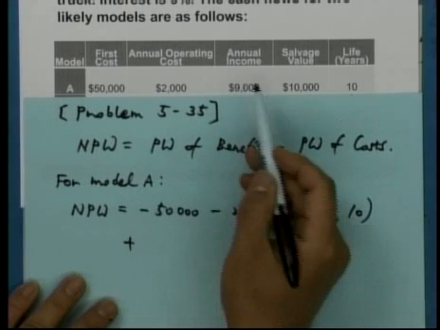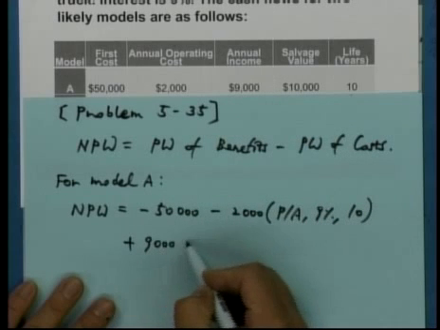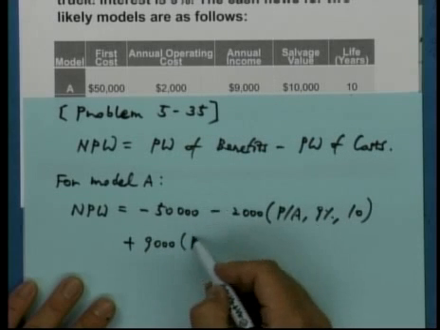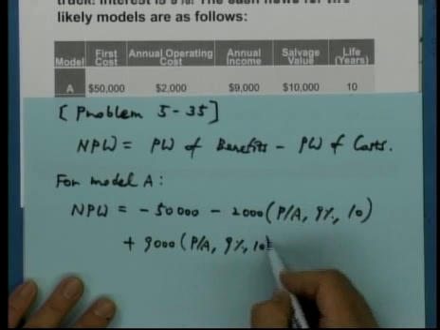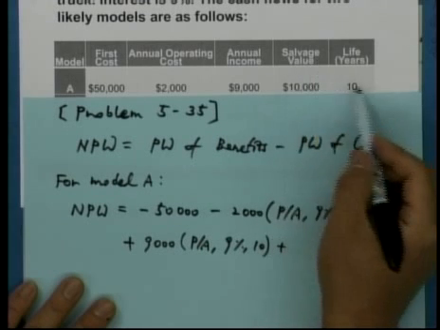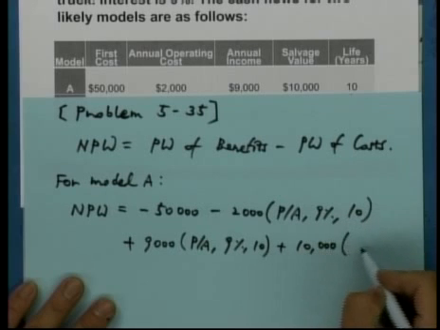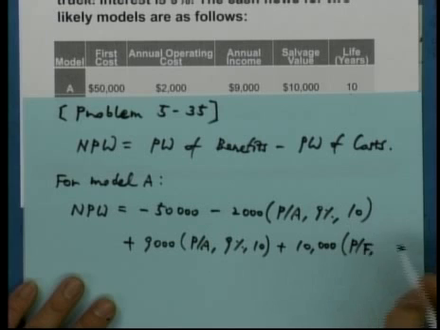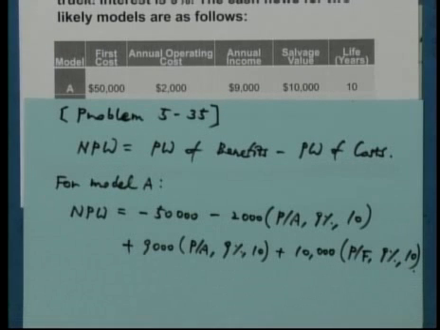And the annual income of $9,000, P given A, 9% over 10 years, right? And the salvage values after 10 years, which is $10,000 times P given F, 9% over 10 years, right? After 10 years.